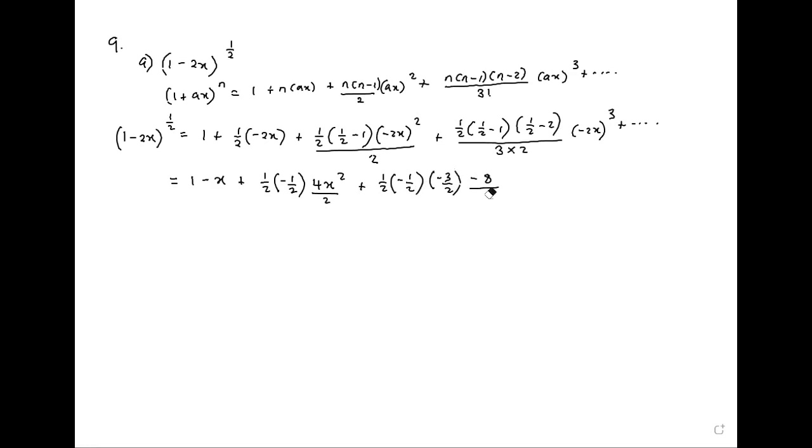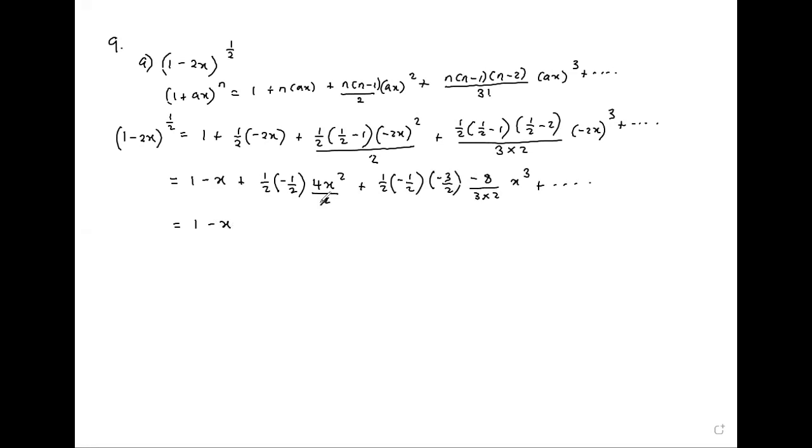Let me write it as it is so that cancelling will be easy. Over 3 by 2, and then x to the power 3, plus dot dot, giving us 1 minus x.